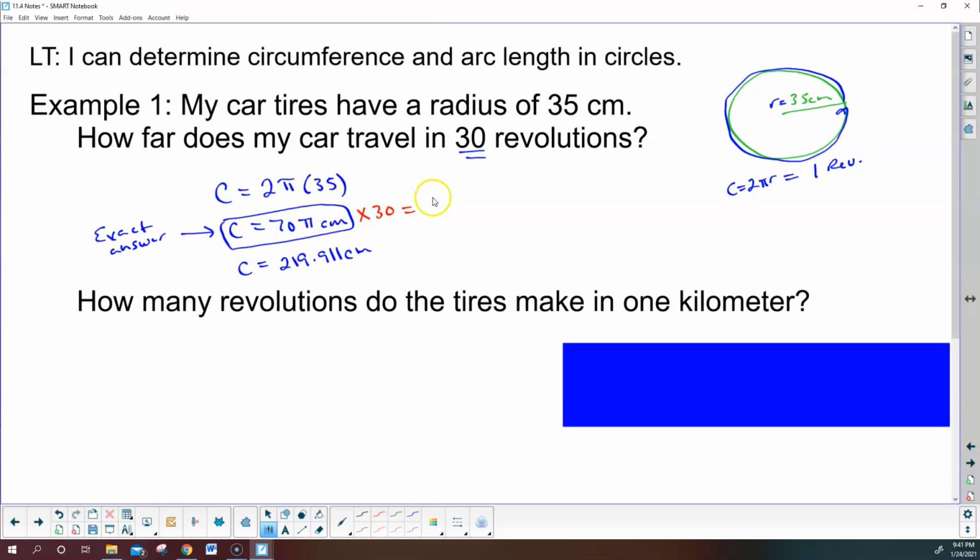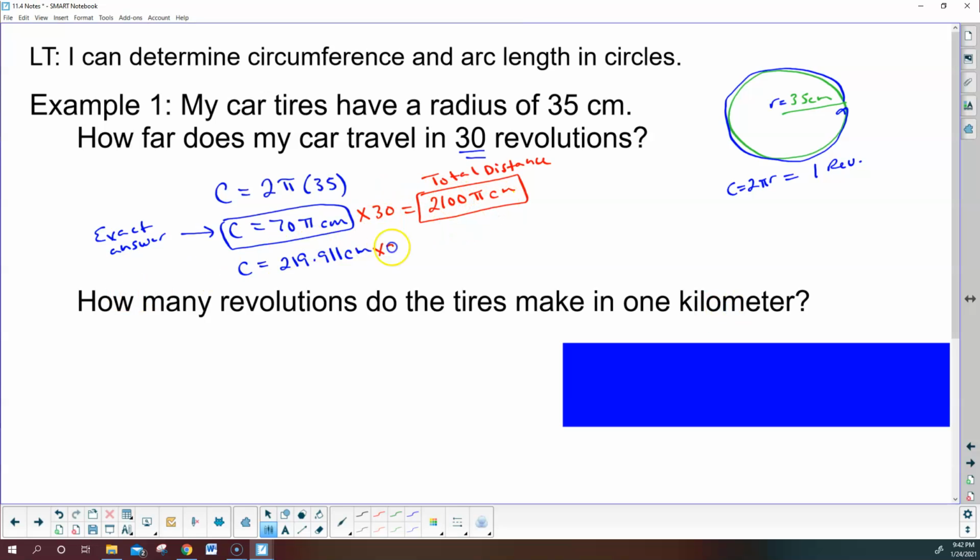Well, 30 times 70, the total distance is 2,100 pi centimeters. But people are going to look at you pretty crazy if you just say that, right?